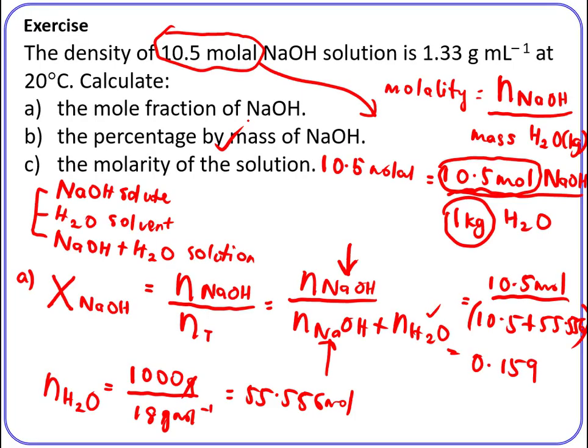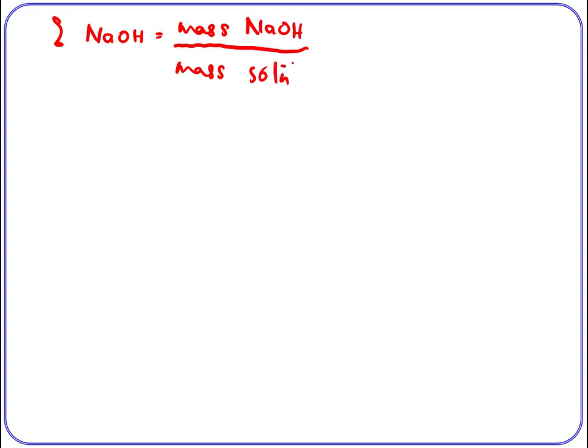Next is to determine the percent by mass of NaOH. How can we determine the percent by mass of NaOH? Means you have to consider the mass of NaOH divided by the mass of solution times 100.